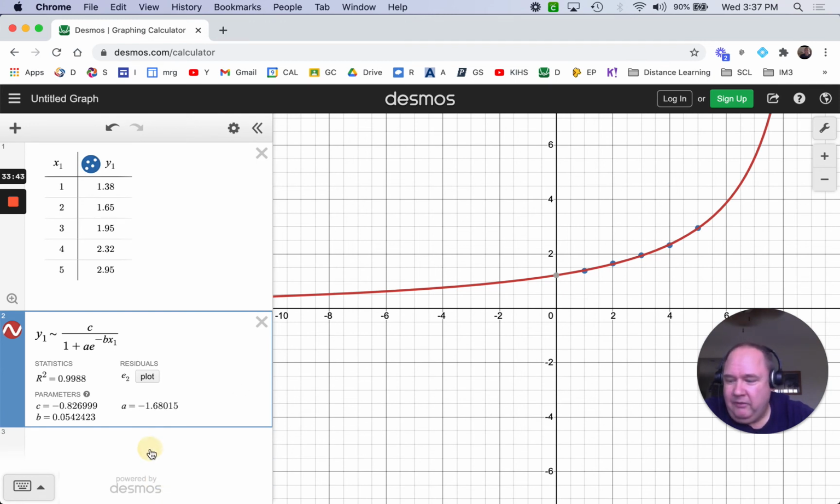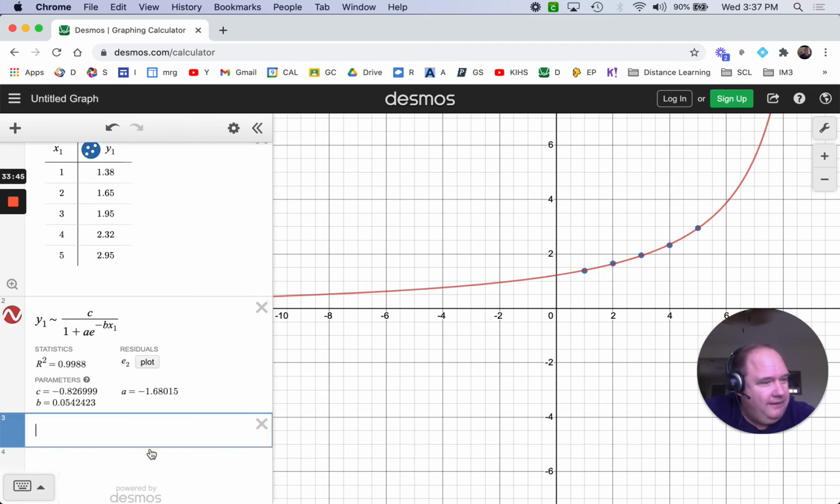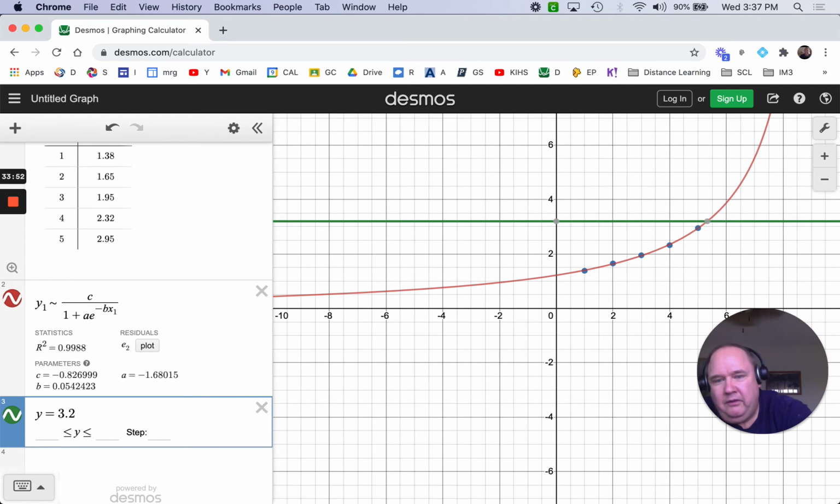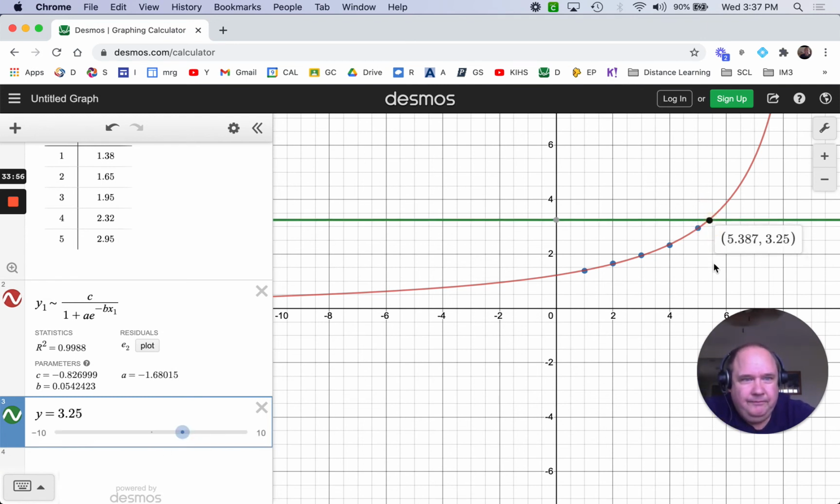And then the question is, find the year in which gas is $3.25. So that's the Y value. So what year would it be? $3.25 is here, and you can see $3.25 right there in year 5, a little more than year 5, between year 5 and year 6.